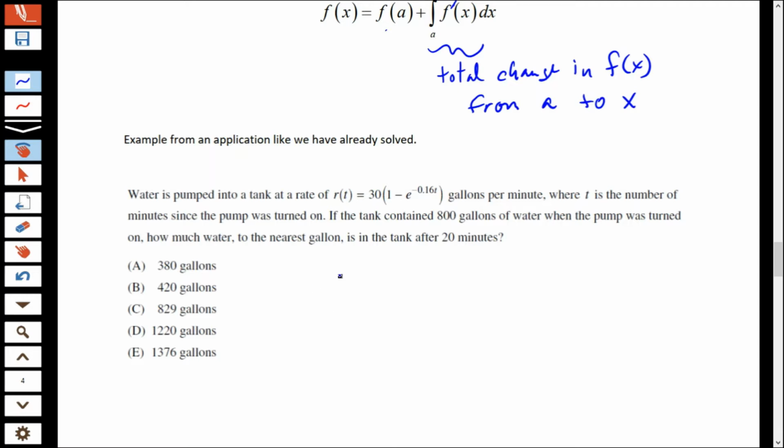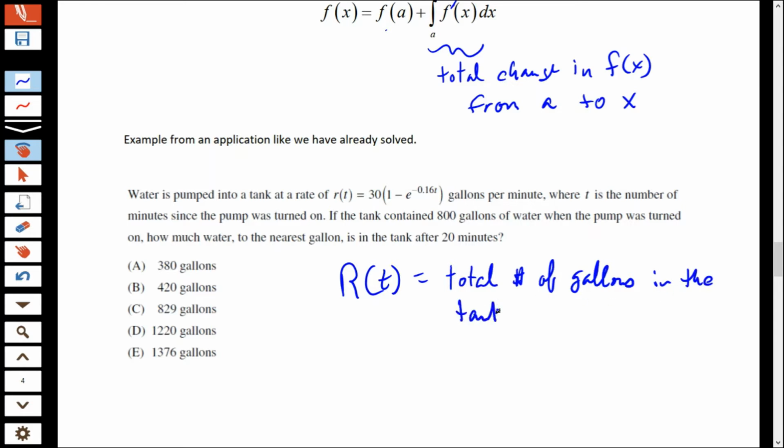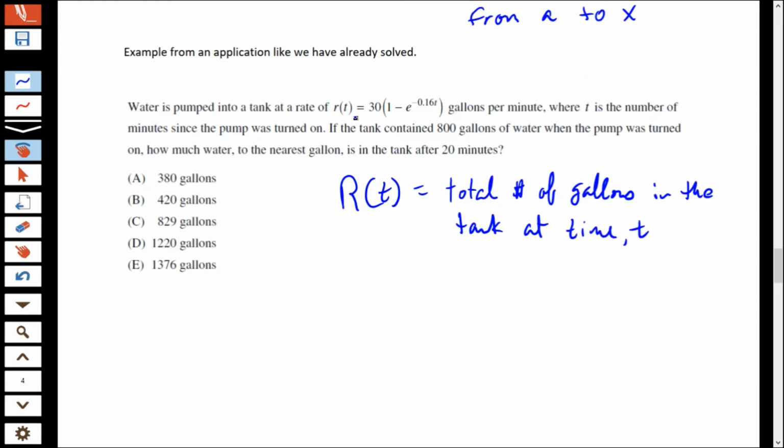So if we think of R of t, capital R of t, being equal to the total number of gallons in the tank at time t, then we can define it with this rate of change function as R of t is equal to 800, that's our initial starting value.